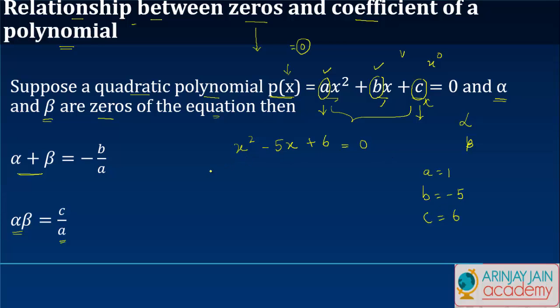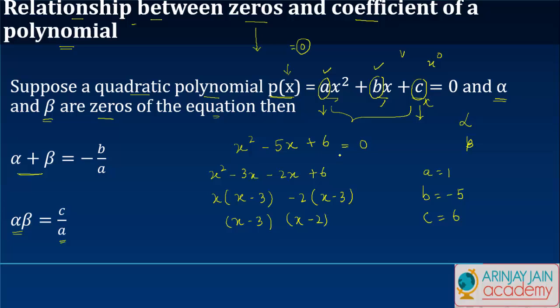If we solve this equation, we can write x squared minus 5x as minus 3x minus 2x plus 6. If we take x common here, we get x minus 3. If we take minus 2 common here, we get x minus 3. Or in other words, we get (x minus 3) and (x minus 2).